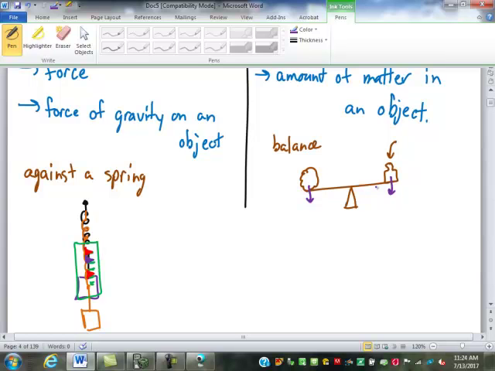So that's not very much. That's just a couple percent. So because gravity is relatively constant on Earth, we tend to jump back and forth between weight and mass without really thinking about it. But there is a difference. I wanted to point that out.